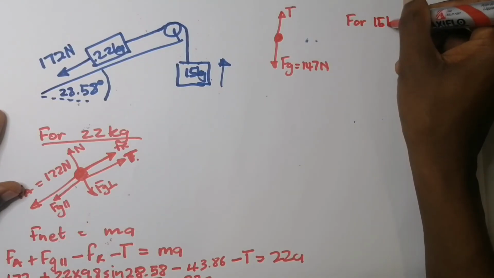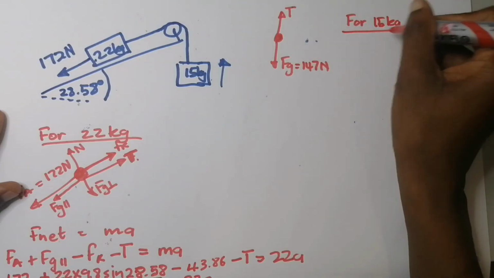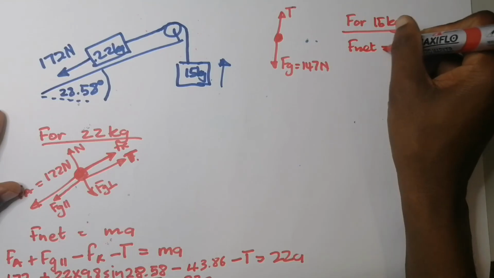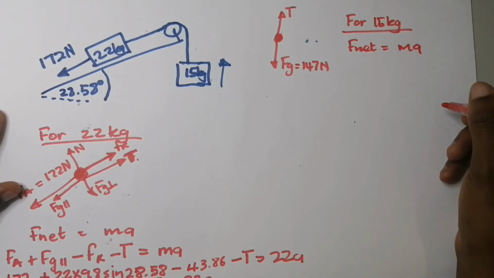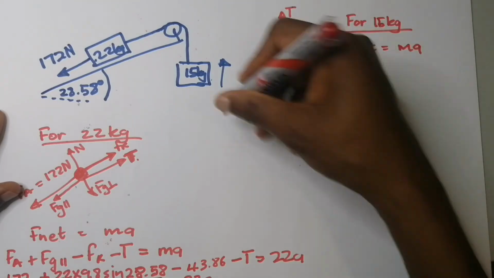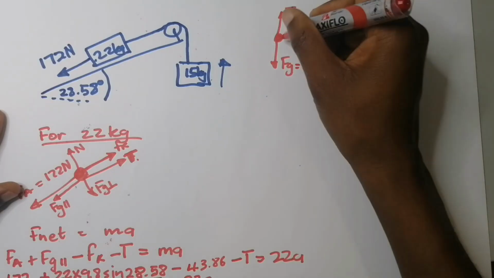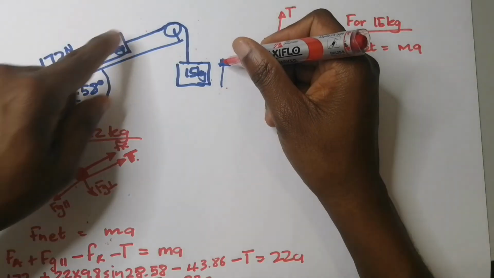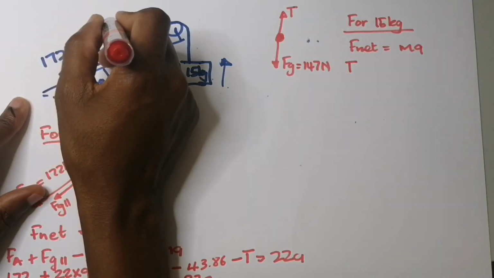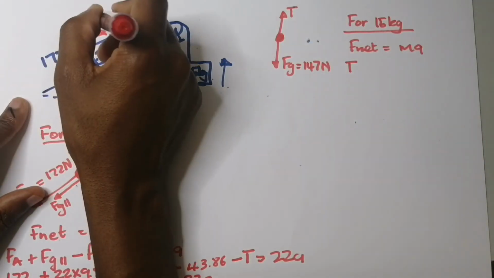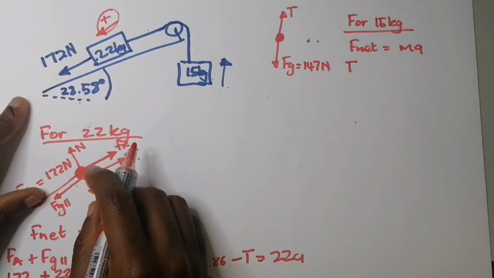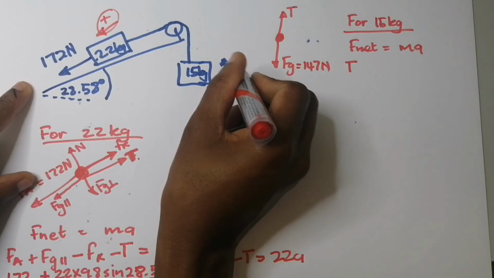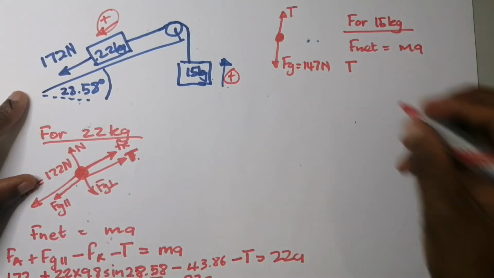15 kg block, we know that F net is equal to MA. Okay, so that's the sum of forces in the vertical, so it's going to be the tension. I'm going to take upwards as positive. By the way, I forgot to mention, remember, we always take direction of motion as positive. So in this case, this one is going down, and this one is going up, so this one would be positive going that way.